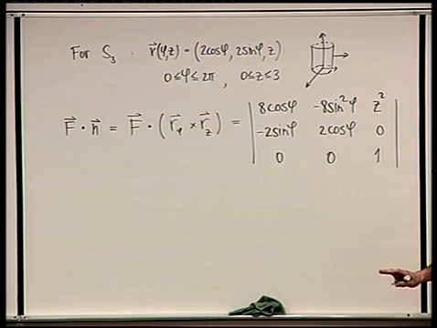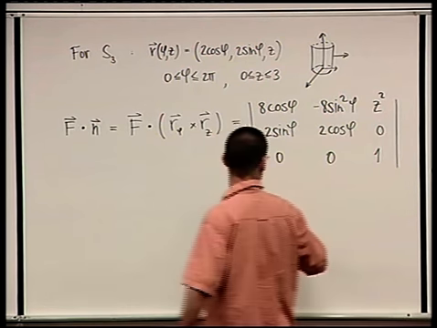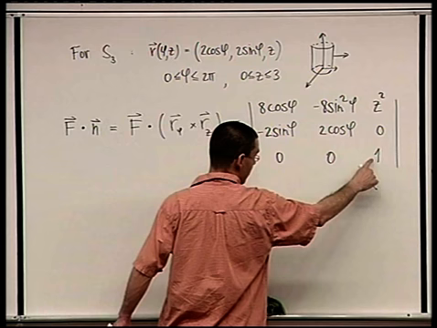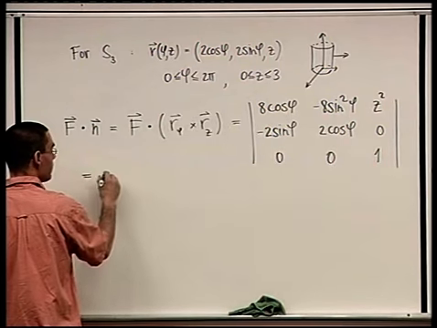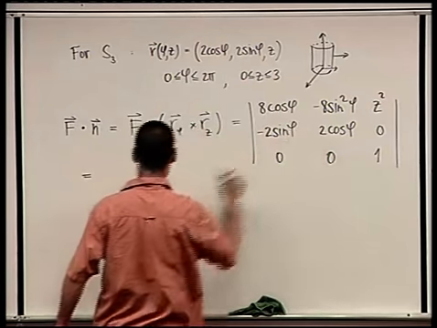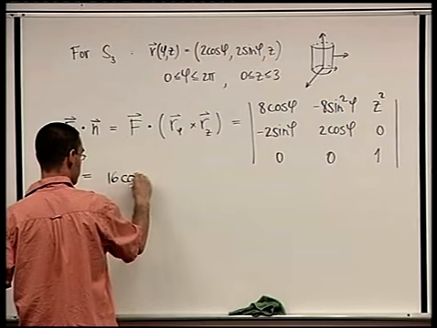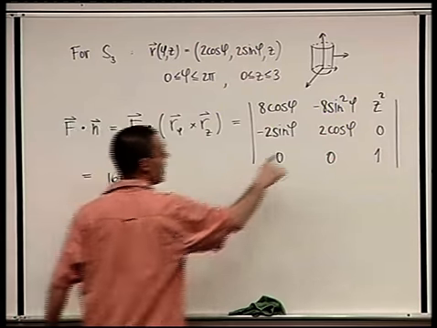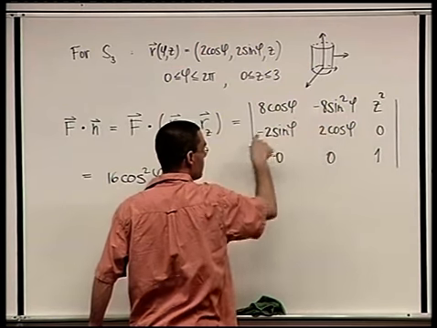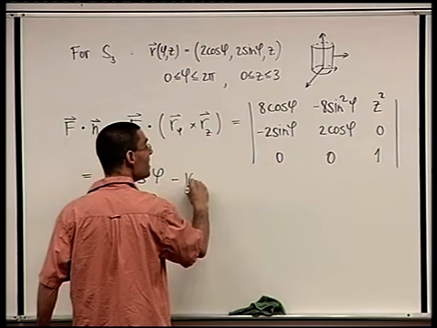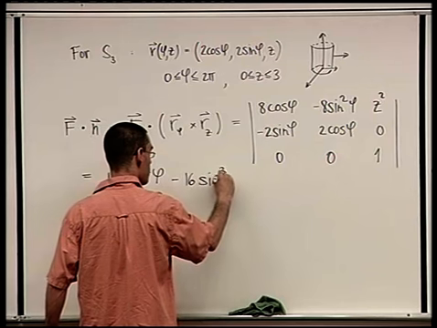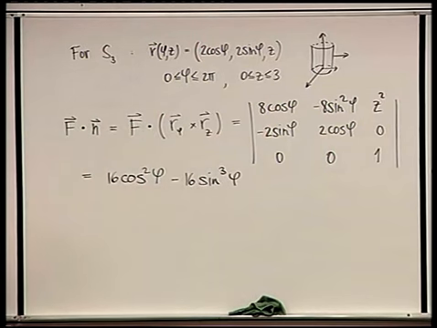Everybody with me? Good? Okay. So in this determinant, all we have left is 1 times this thing. So what we get is 16 cosine squared of phi, that makes it a minus, 16 sine cubed of phi. This is f dot n, evaluated on the parametrization. Good?